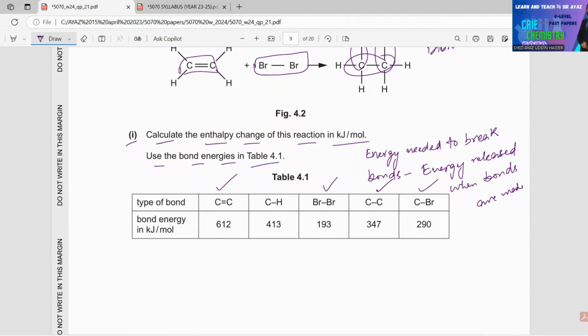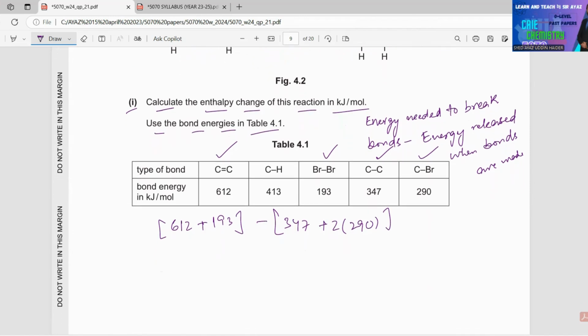So what I'm going to do, there's one C double bond C, so I write 612 plus 1 Br-Br, 193, bracket, minus energy released when bonds are made. We have C-C bond, which is 347 plus 2 bonds of C-Br. So you have to multiply 290 by 2.